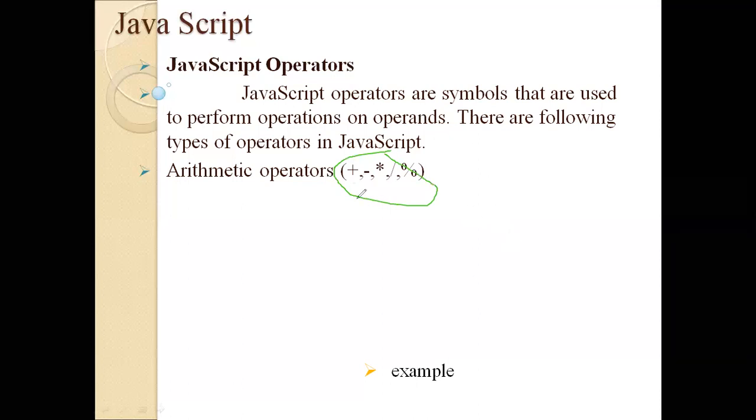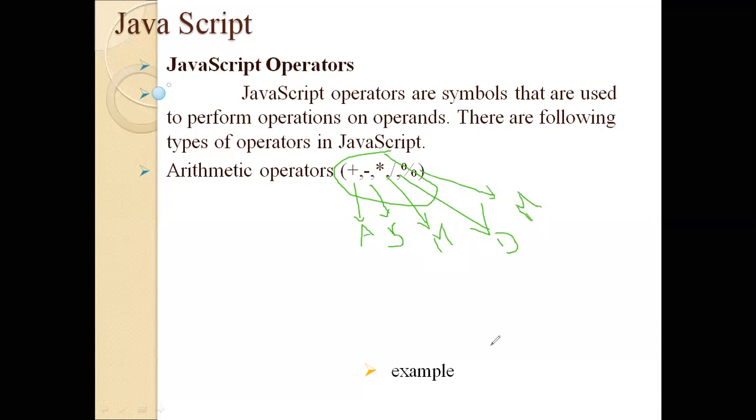Here plus is used for addition, minus is used for subtraction, star is used for multiplication, slash is used for division, and the percentage symbol is used for modulo division.